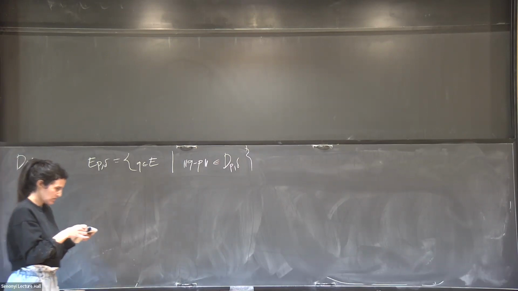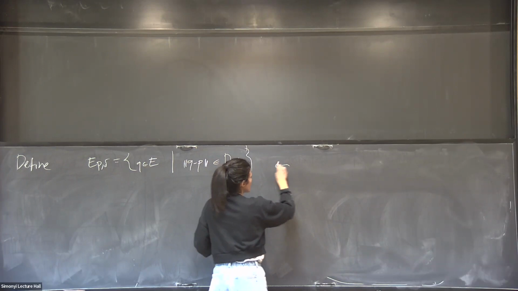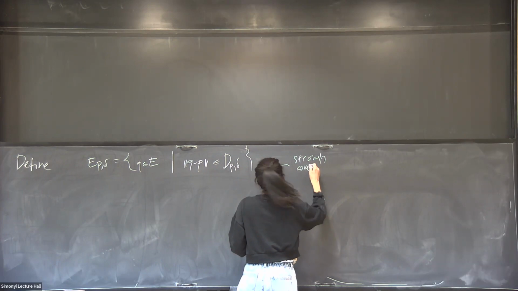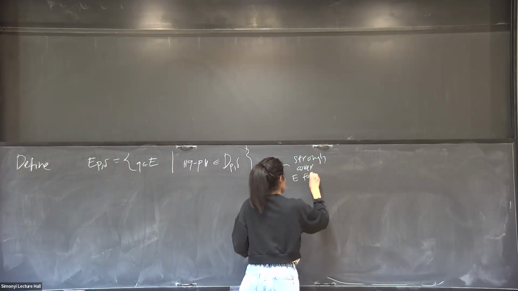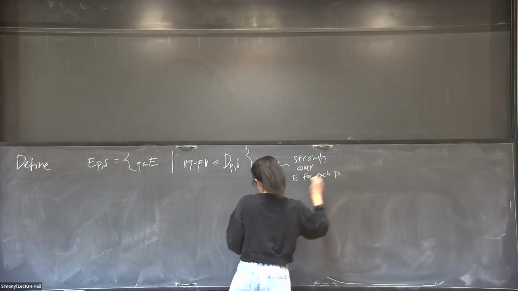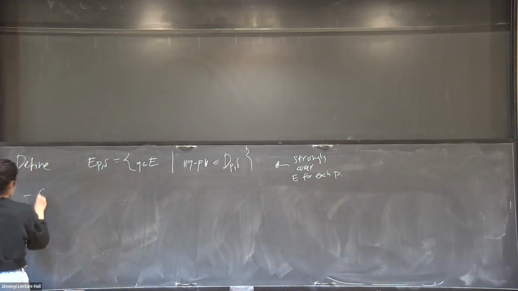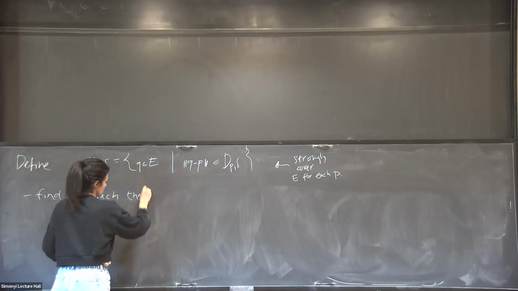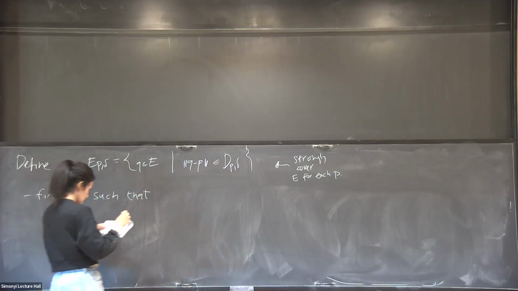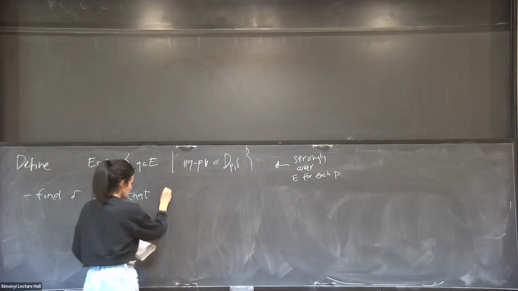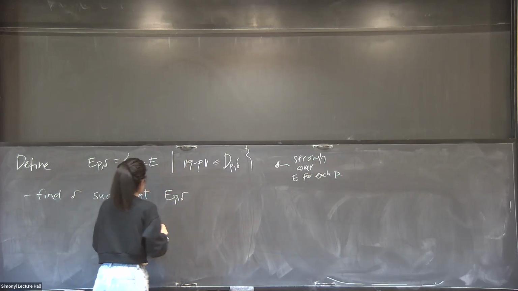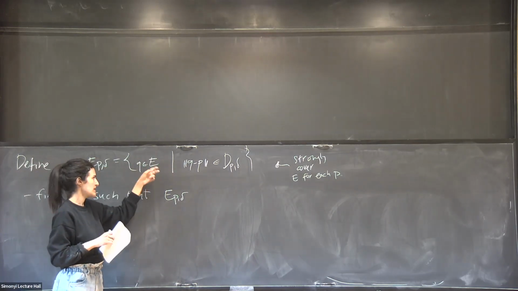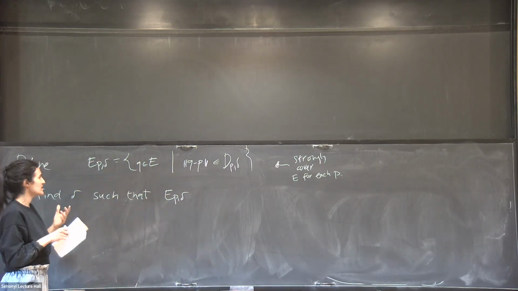And so what we do next is we find delta such that E_p delta... we fix P, we know that this covers E in a strong sense, infinitely many times each item.